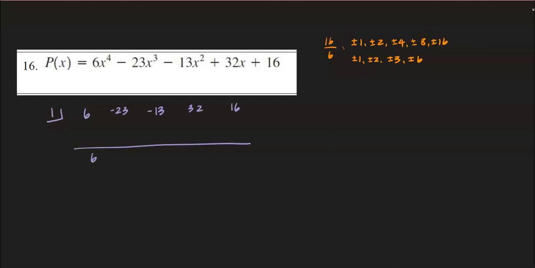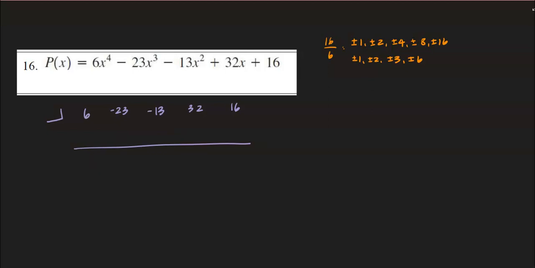Try 1. 6, 6, -23. That's going to be a -17, plus a negative 30. Negative 30. Nope, not going to work.